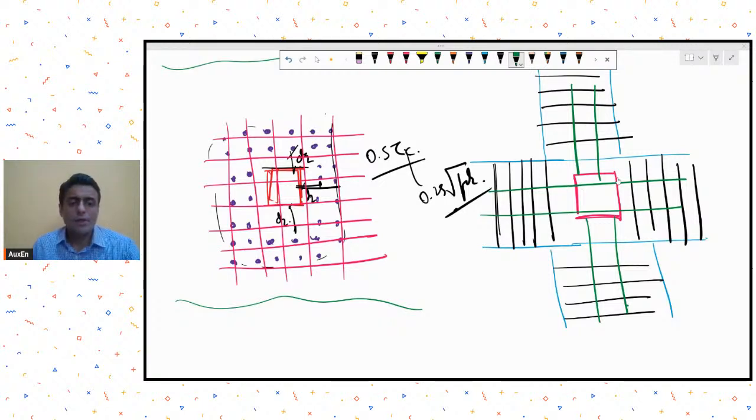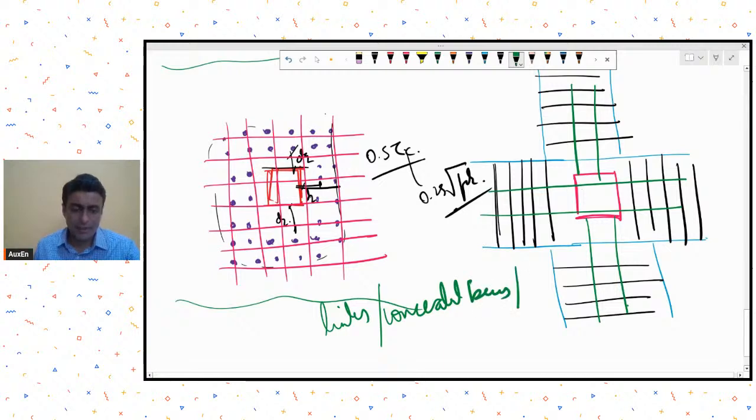This is a critical issue and you have to deal with it very carefully. As I said, either you provide links, or concealed beams, or some embedded steel sections.